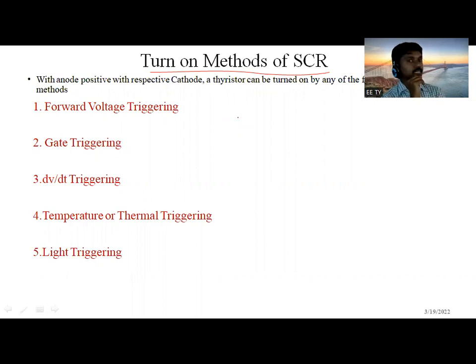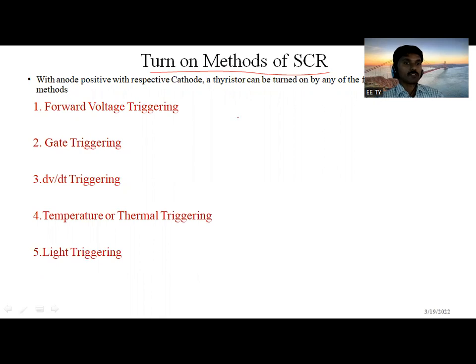Forward voltage triggering and gate triggering, already we have discussed. And third one, the dV by dt triggering. Fourth one, temperature or thermal triggering, and fifth one is light triggering. These are the five methods to turn on the SCR.